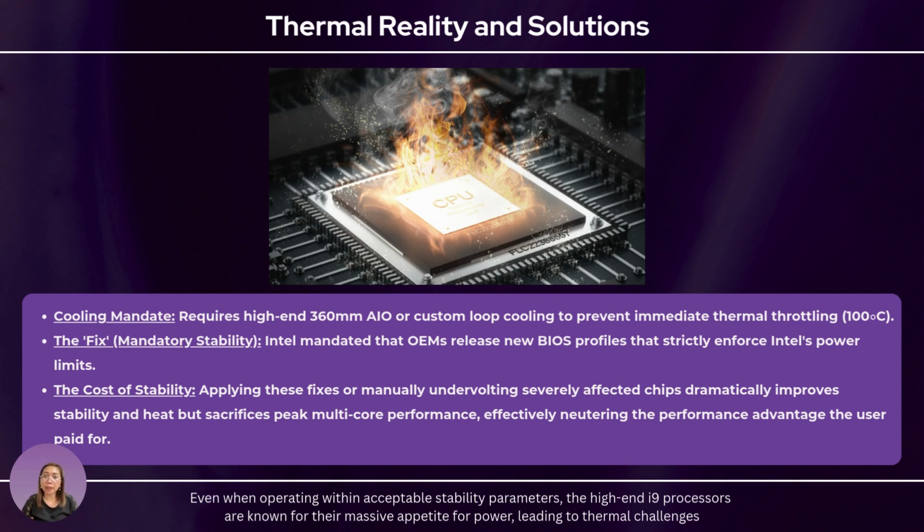So, to stop the instability crisis, what did Intel do? It forced manufacturers to use an Intel default settings profile that cuts the power and voltage back to a safe level. While this stabilized the system and stopped degradation, it often means that the chip is no longer running at the blistering speeds as advertised, creating a tough choice for consumers who paid a premium for maximum performance.